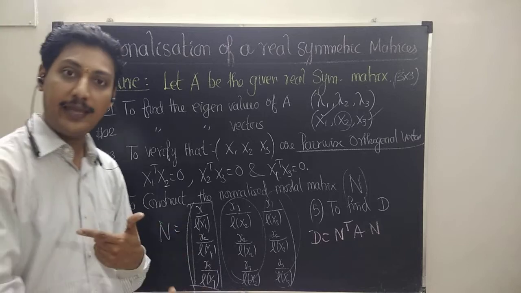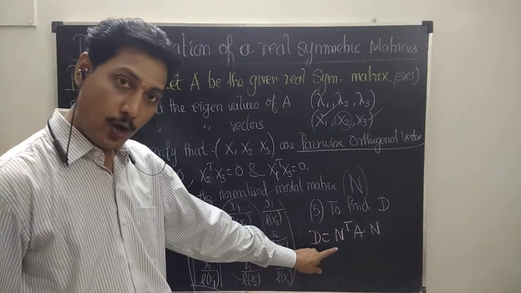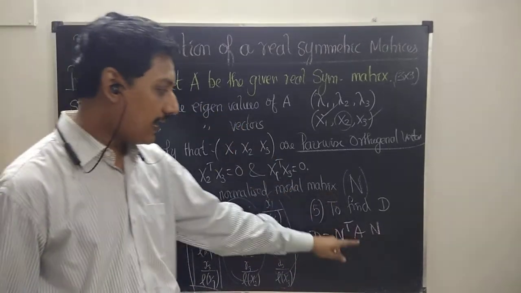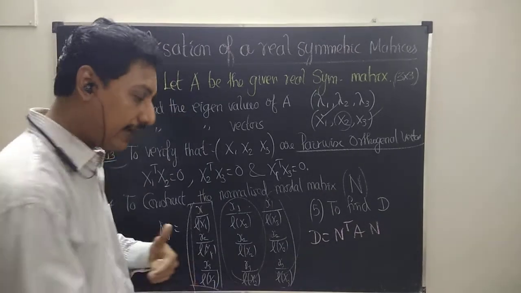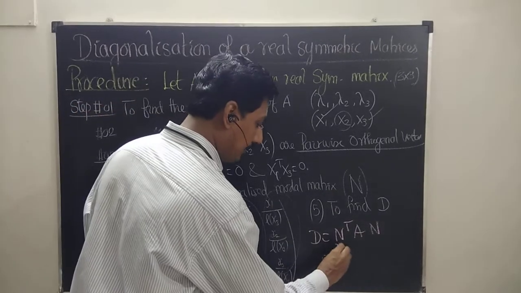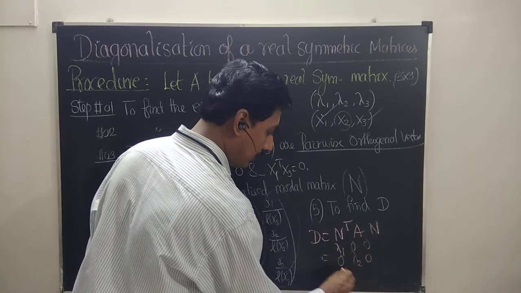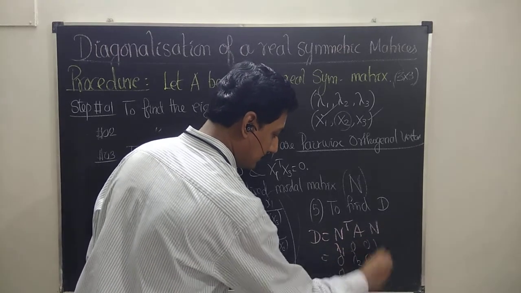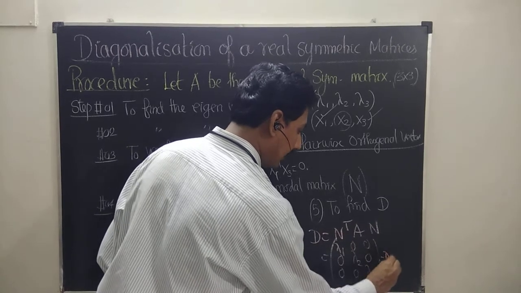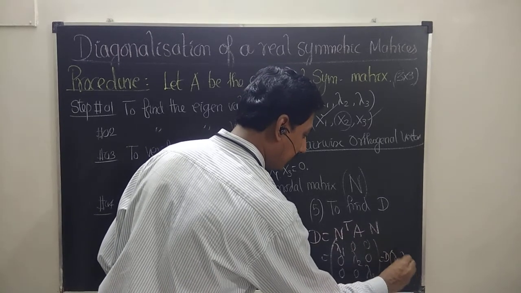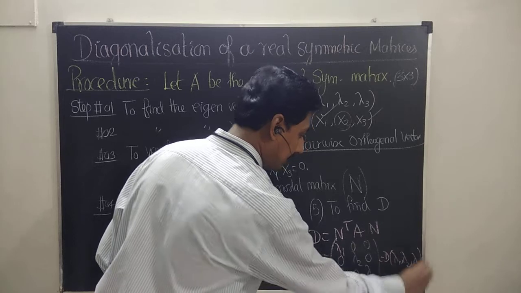Let us multiply N transpose, the given matrix A, and N, which gives the diagonal matrix lambda 1 0 0, 0 lambda 2 0, 0 0 lambda 3. So this is called the diagonalization of the real symmetric matrix.